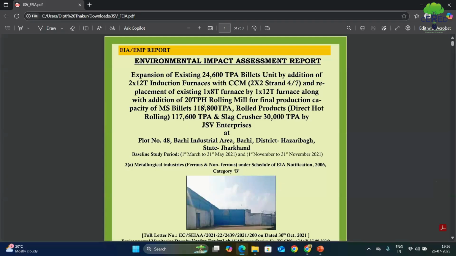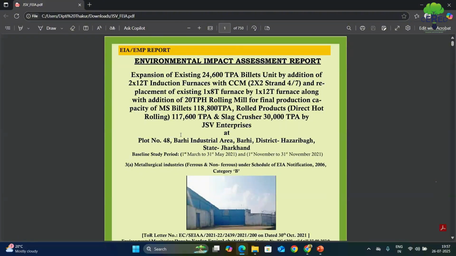The rolling mill is also installed after the expansion, and the final production capacity of MS billet, which was previously 24,600 ton per annum, will be 1,18,800 ton per annum after the addition. The roll product is 1,17,600 ton per annum, and the slag crusher is 30,000 ton per annum, produced by JSV Enterprises at Barhi, Hazaribagh district.